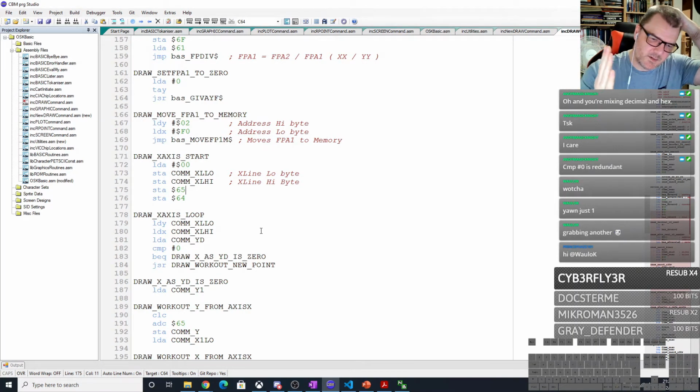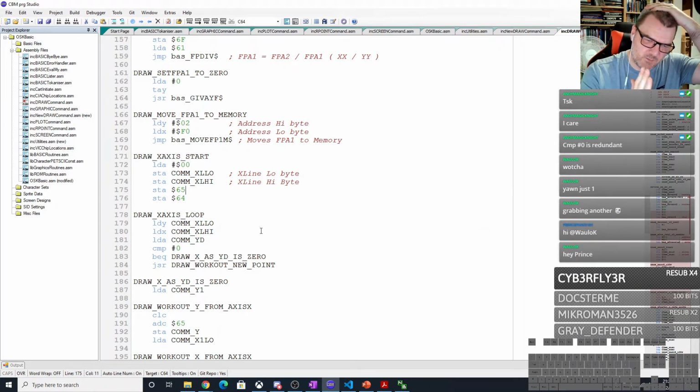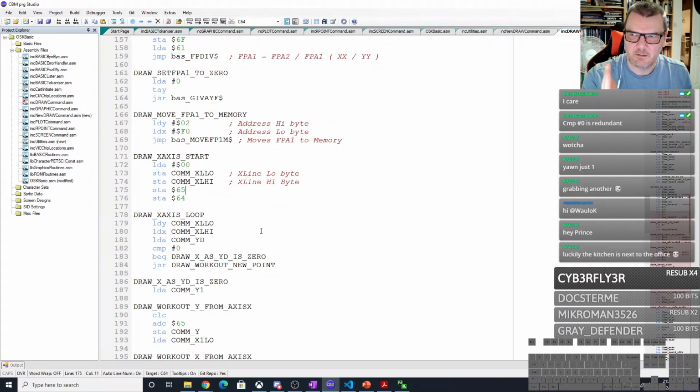So x1 minus 1 would be that way, x1 plus would be that way. That's our delta. We're not using floating points anymore, so we don't need to do that.